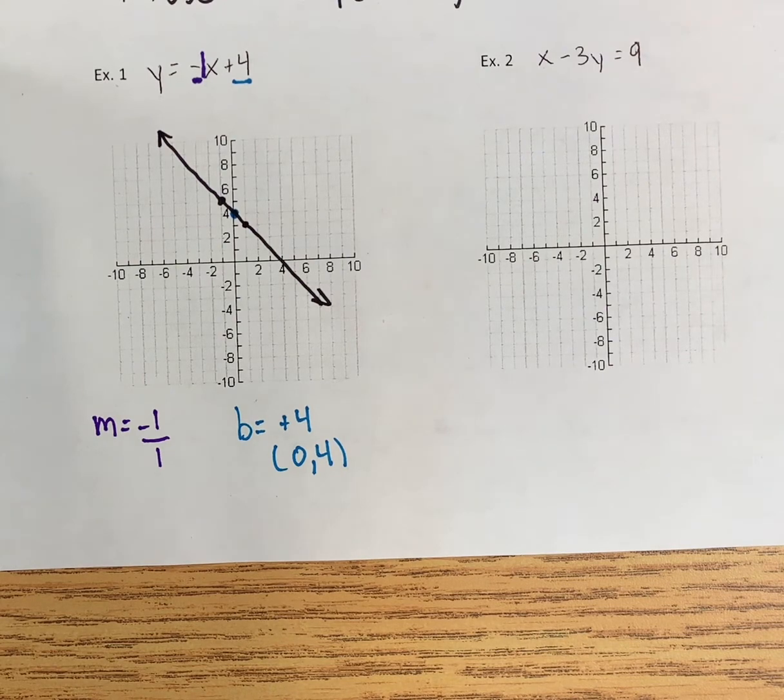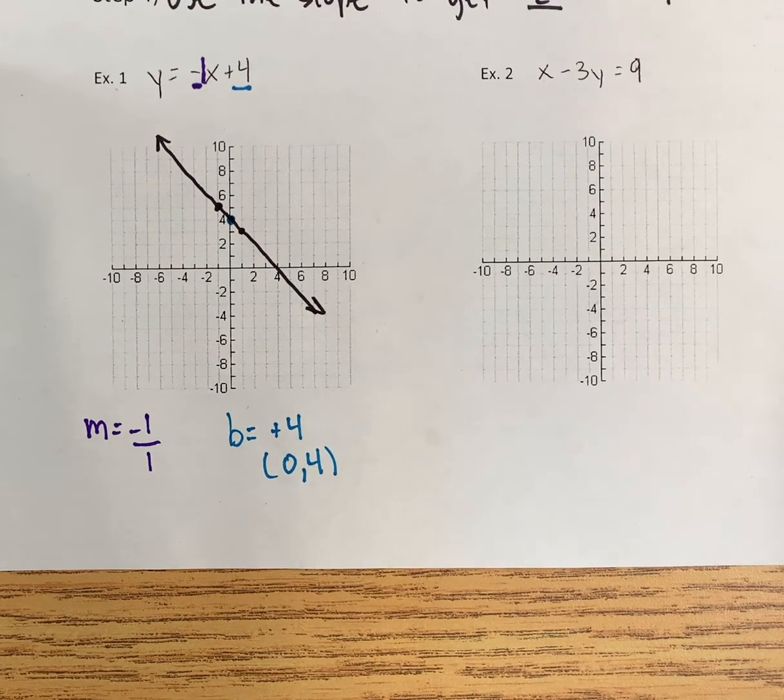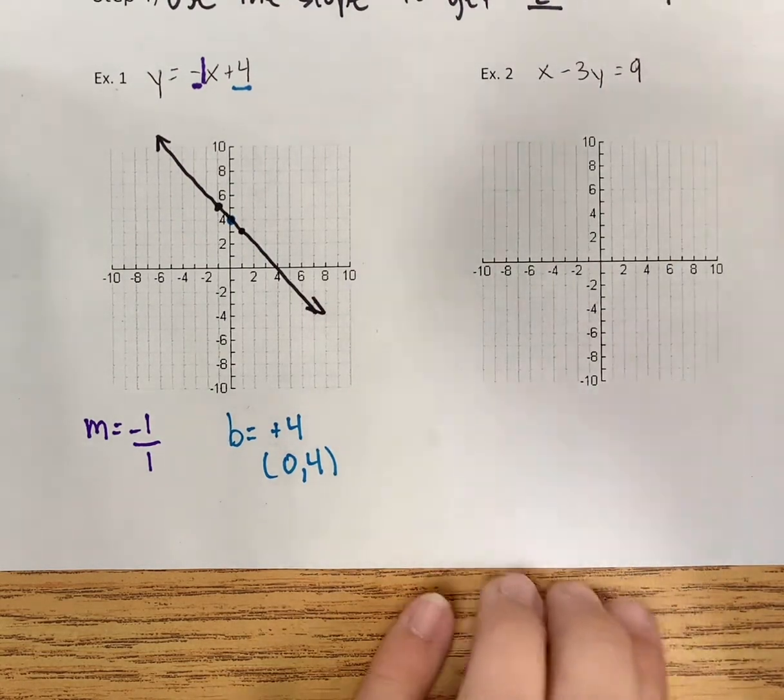The second example, if you notice, is x minus 3y equals 9. Key thing here, we have to use step 1 this time because we do not have y solved for. Y is not alone here. So we're going to need to solve for y.